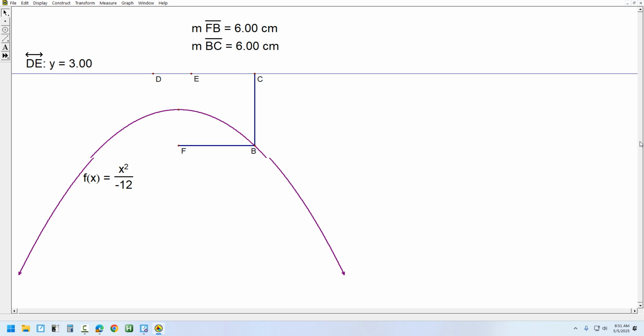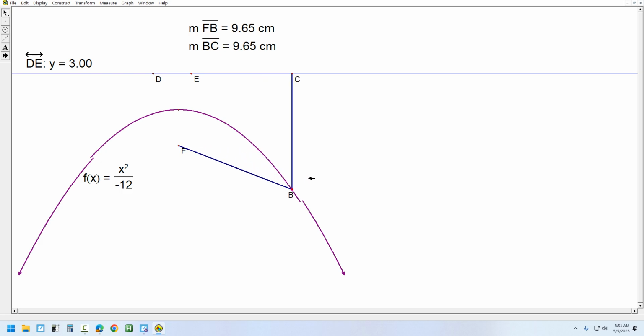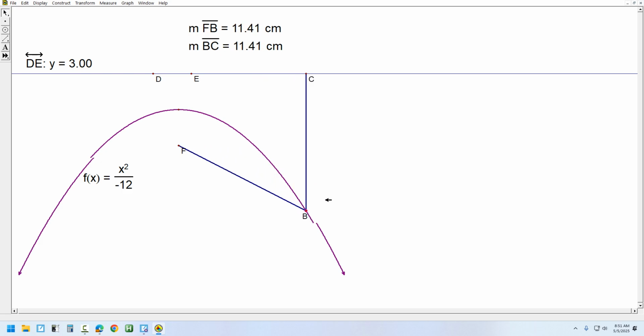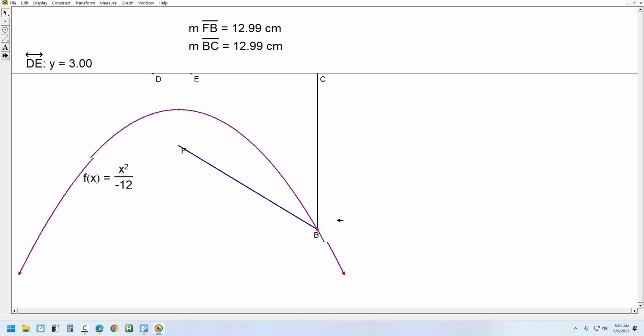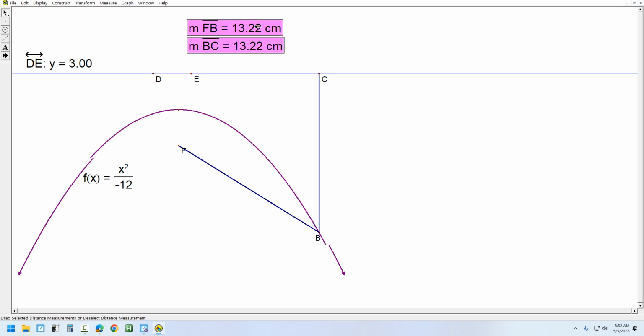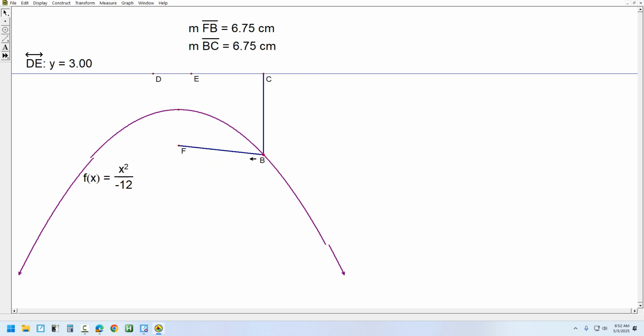Okay, so let me do that. And notice as I drag it, the distance from point B to F, and from point B straight up to that line at the top, those two lengths are always the same. Okay, it's measuring them right up here and right up there, those two. The other way.